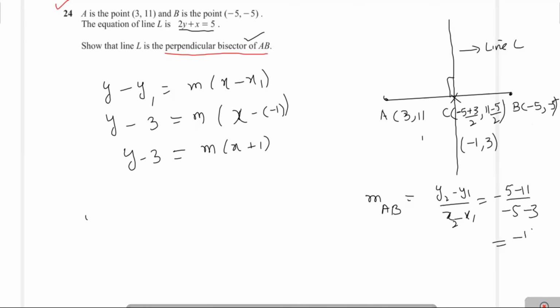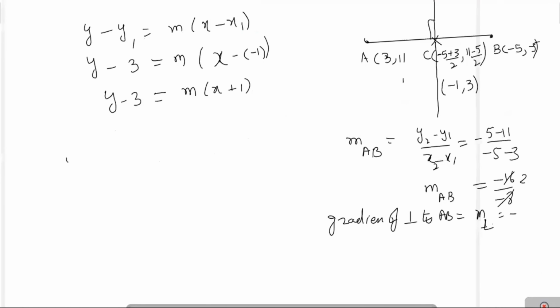We write it as -16 over -8, and that is equal to 2. The gradient of AB, M_AB, equals 2. The gradient perpendicular to AB, M_L, will be equal to the negative reciprocal of this gradient, now minus 1 over 2.